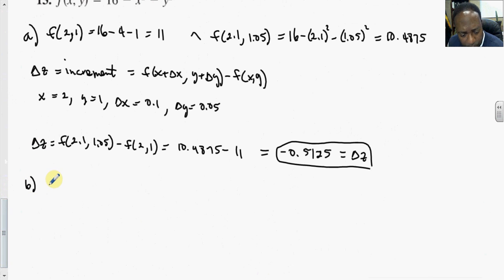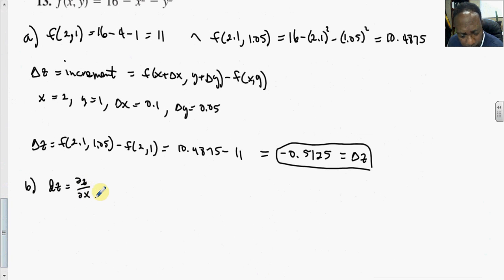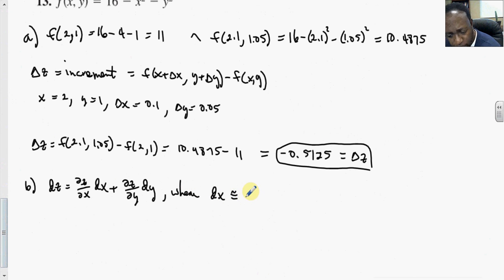So the total differential, dz, has the formula of the partial of z with respect to x, dx, plus the partial of z with respect to y, dy, where dx is being approximated by delta x and dy is being approximated by delta y.